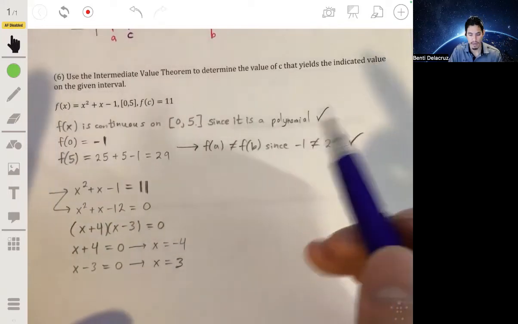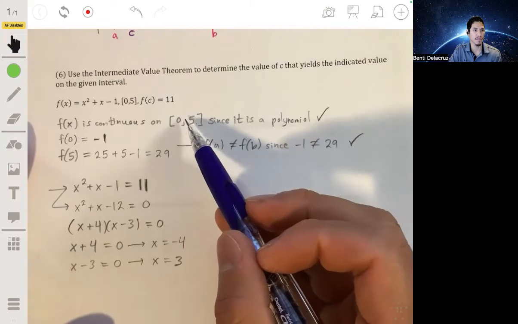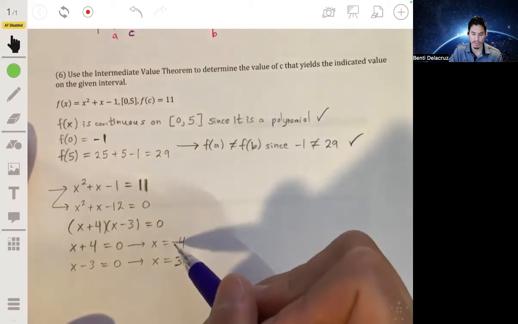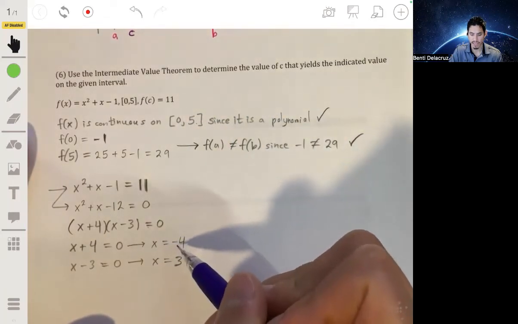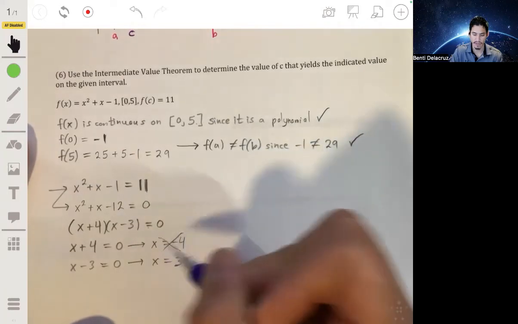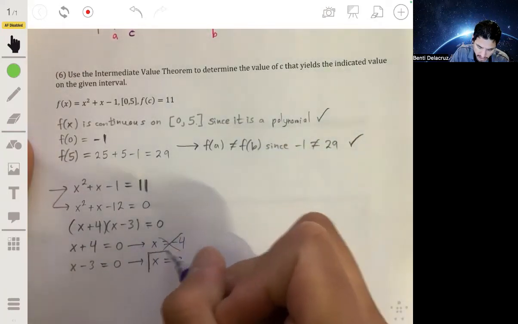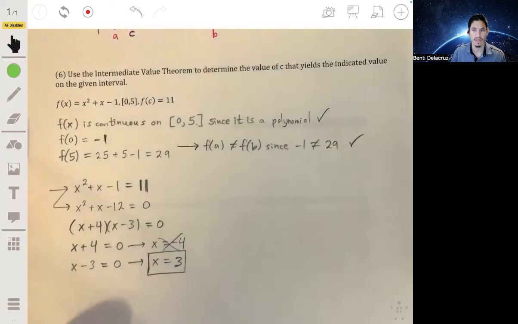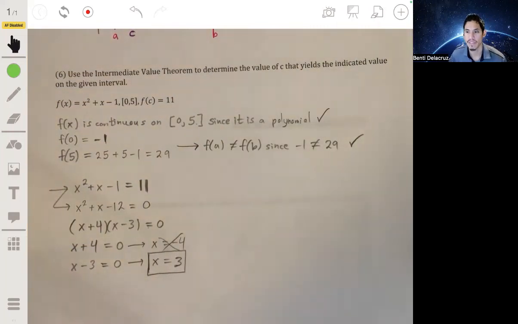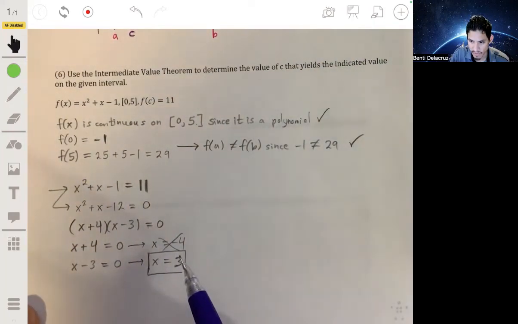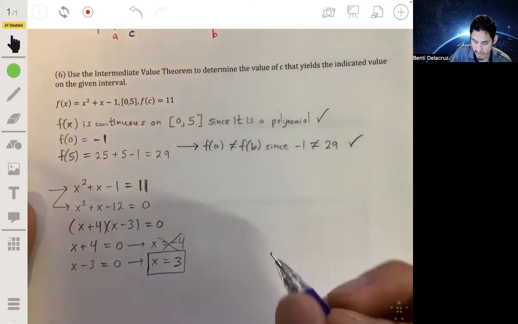Now in this problem, we're talking about the interval 0 to 5, so it's not going to be -4, because -4 is not in this interval, so we don't care about this one. So we care about this. Then we can say that f of c, or f of 3, would equal 11, so c equals 3.